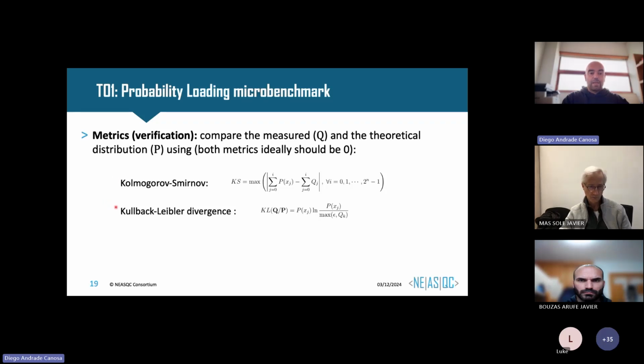In both cases, the closer to zero, the better. So if the two probabilities were the same, then this metric will be 0 and this metric will be 0. But the higher the value is, the more different the probabilities encoded in P and the probabilities measured in Q.